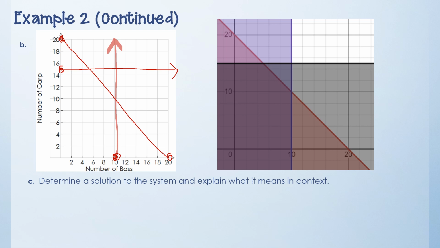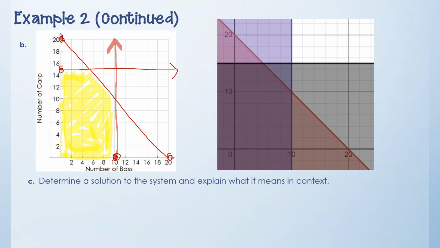So I need to be less than my vertical line, I need to be less than my horizontal line, and I need to be less than my diagonal line. So that would mean that we would fall in this area for our solutions. And again, be careful, we're restricted just to this first quadrant. We're not going to have negative bass or negative carp, so everything should remain positive.